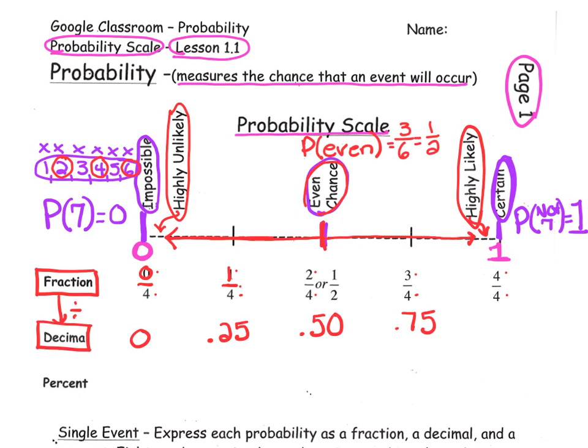And 4 divided by 4 is, of course, 1. All of these probabilities can be expressed in decimal form.